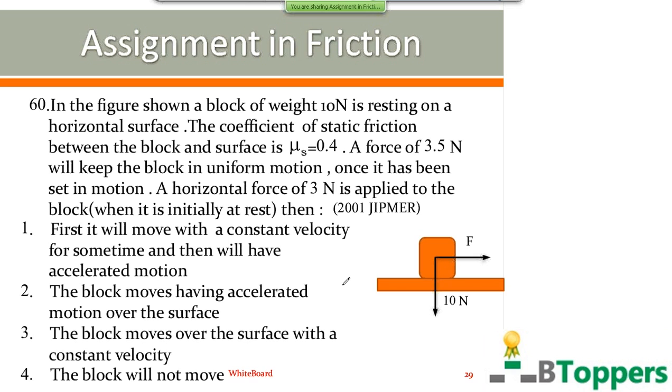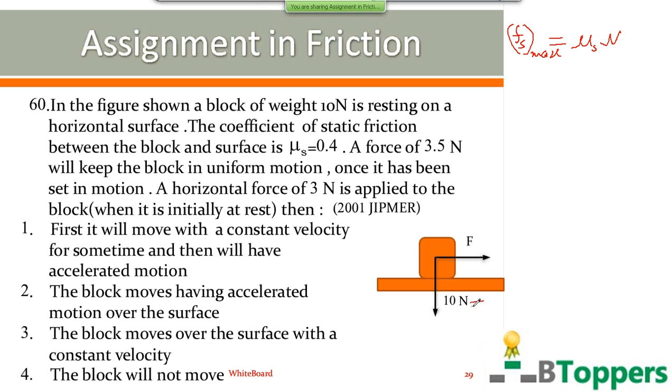As you know, if the block is initially at rest, the block starts moving only when the magnitude of the horizontal force applied on the block is equal to the maximum value of the force of static friction, or limiting friction. The maximum value of the force of static friction is equal to nu s into N, where N is the magnitude of normal reaction.